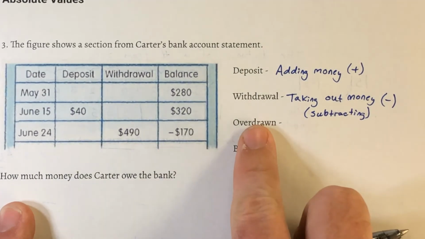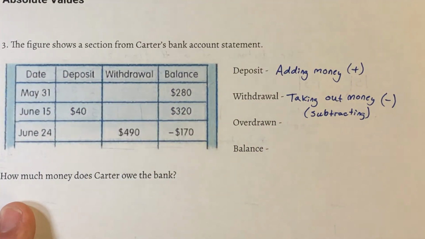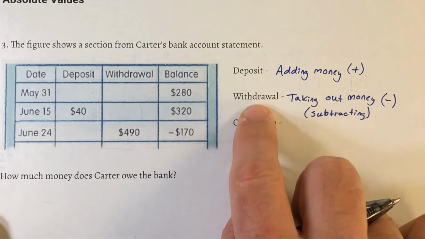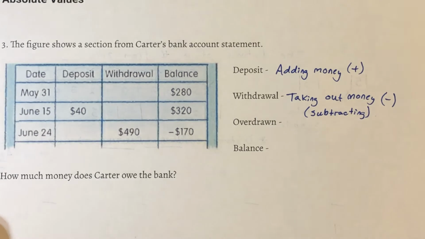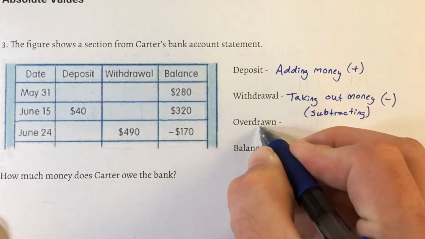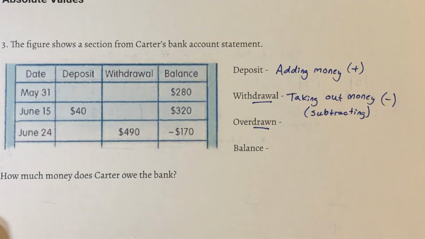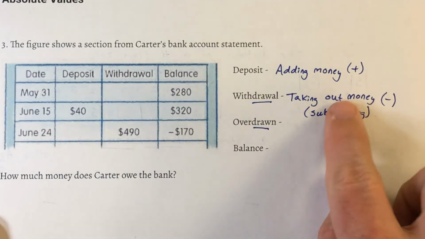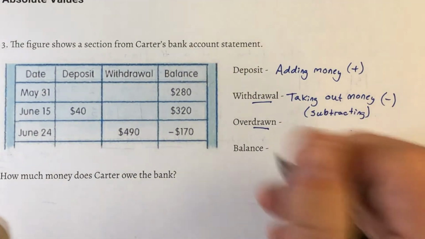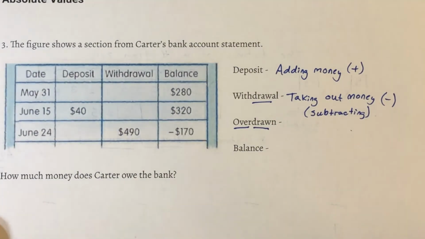All right, next term, overdrawn. We don't see this on here, but it's very similar to withdrawal. Overdrawn means, well, draw, similar to that part of withdrawal, so I'm taking out money. Over means you're kind of overdoing it, too much. You're over what you should be doing.